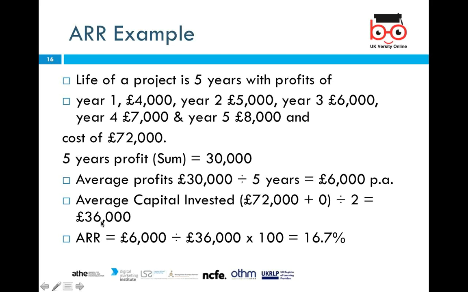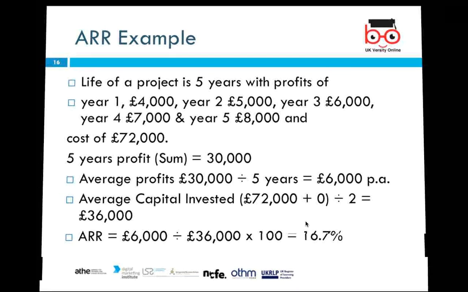Now our accounting rate of return is 6,000 divided by our average capital investment of 36,000, multiplied by 100, that is 16.7%. So that is our accounting rate of return for the particular time period.